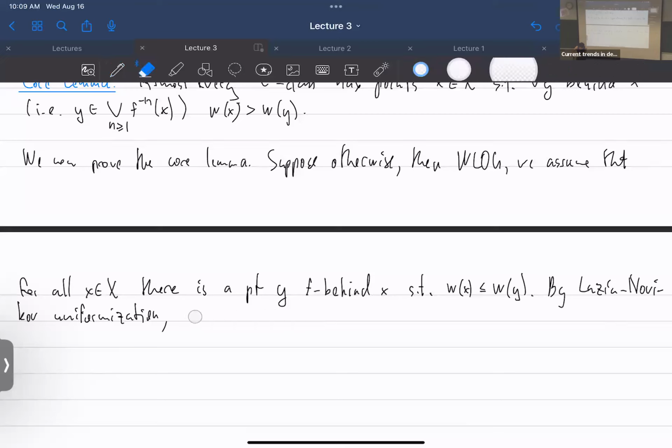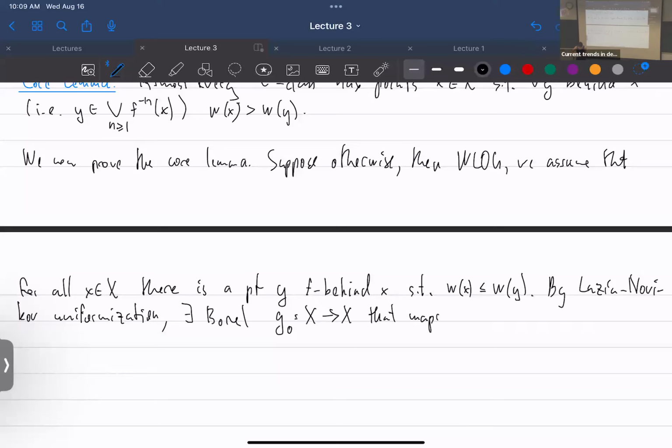There is a Borel function g0 from X to X that maps each x to such a y.